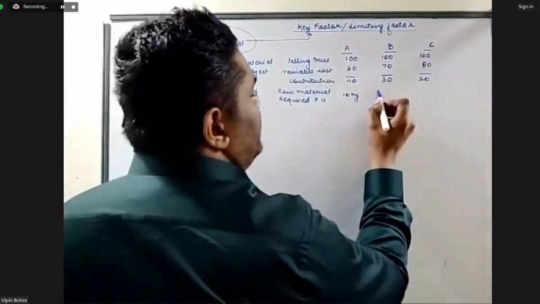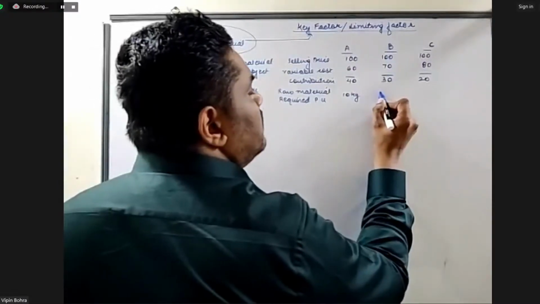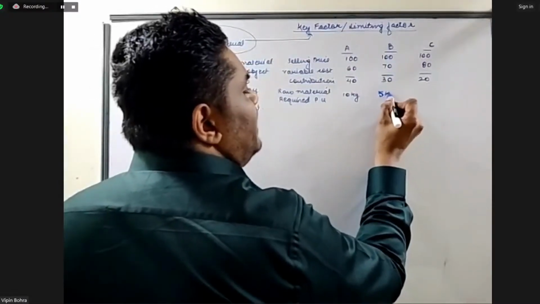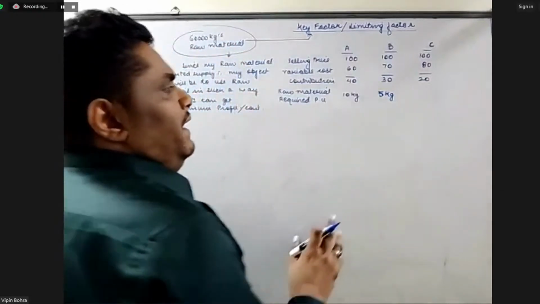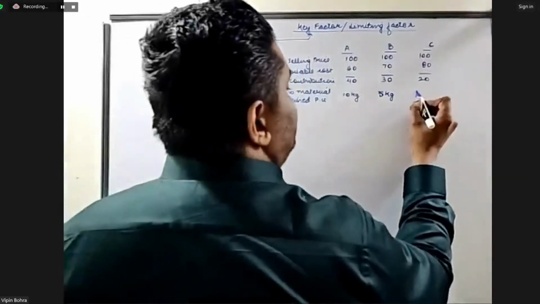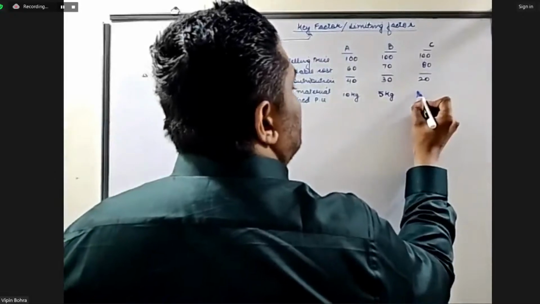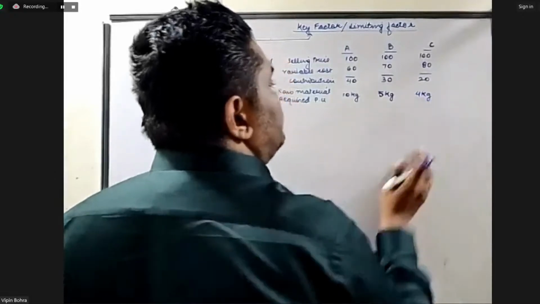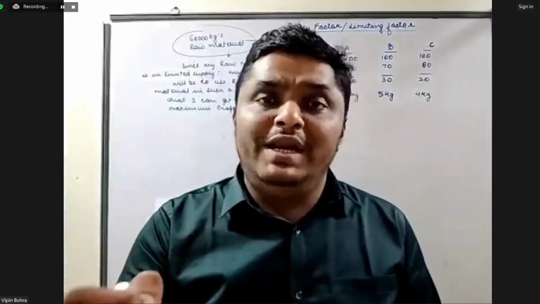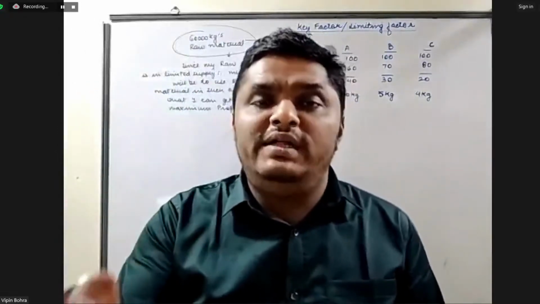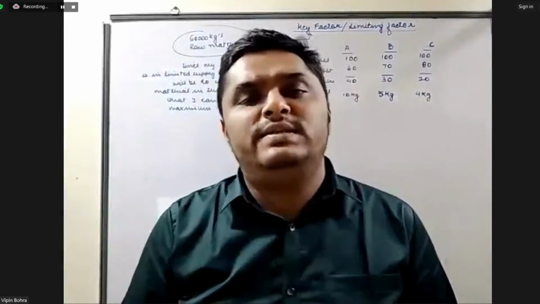B requires 5 kgs of raw material. And when talking about product C, it requires 4 kg of raw material. Now, my main motto will be to utilize each and every kg of raw material in such a way so that I can get the maximum profit.